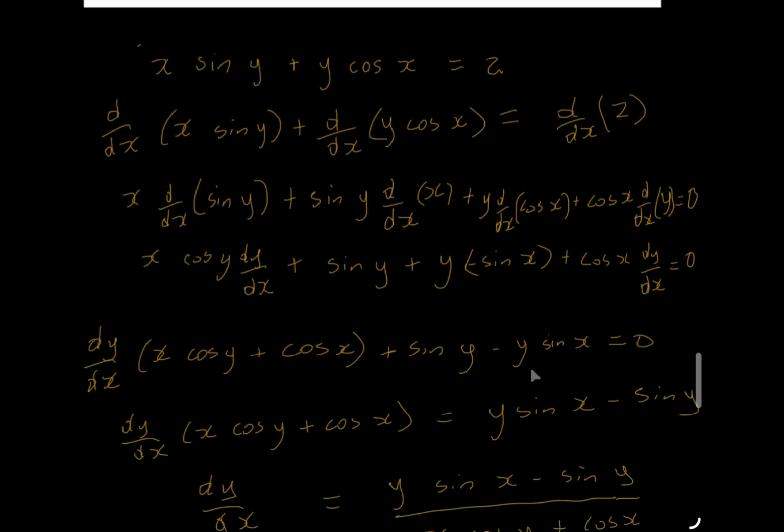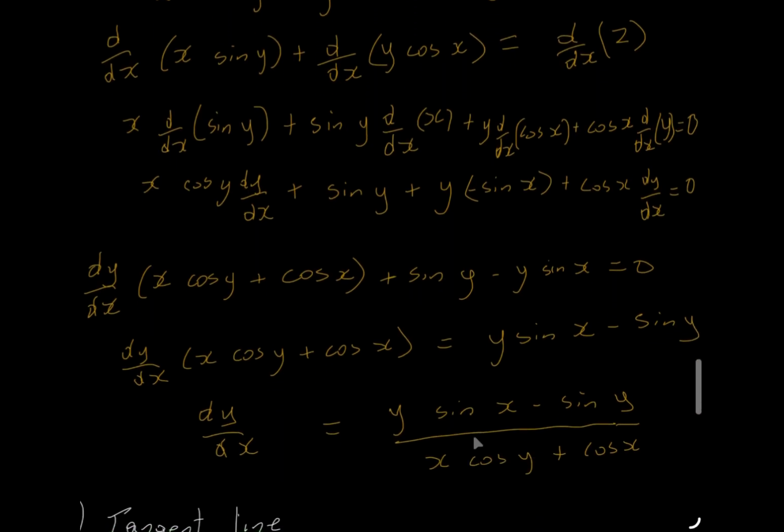Bringing everything else except dy/dx to the other side, we have dy/dx times x cos y plus cos x is equal to y sine of x minus sine of y. And then finally dividing both sides by x cos y plus cos x, we have dy/dx is equal to y sine of x minus sine of y all over x cos y plus cos x.